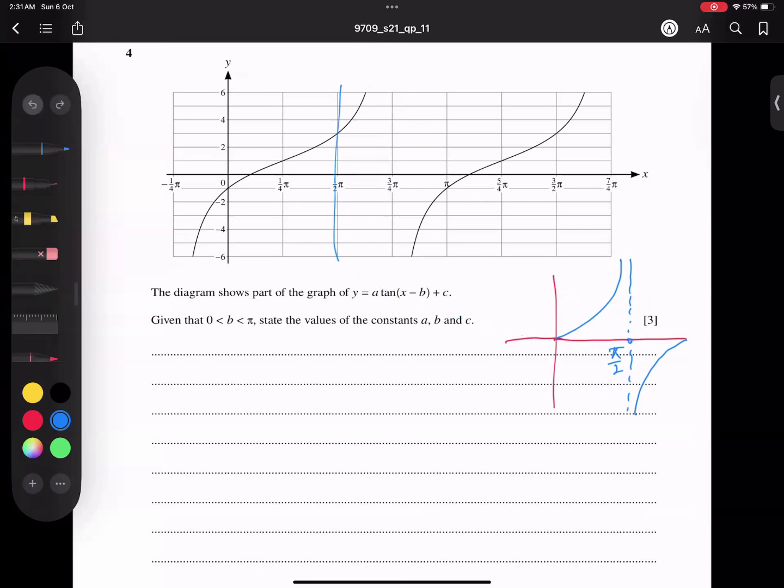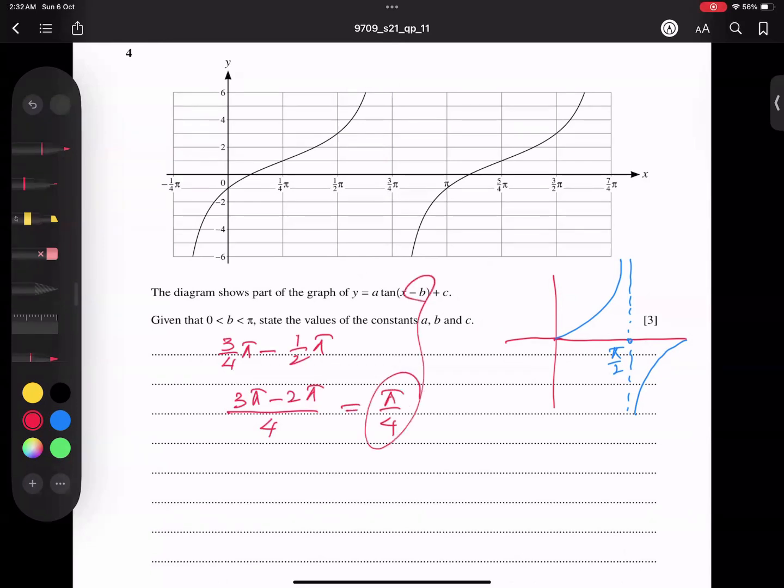So we want to check how much this gap is. That will help us. That is 3 pi by 4 minus 1 by 2 pi. LCM is 4, 3 pi minus 2 pi, and I got pi by 4.